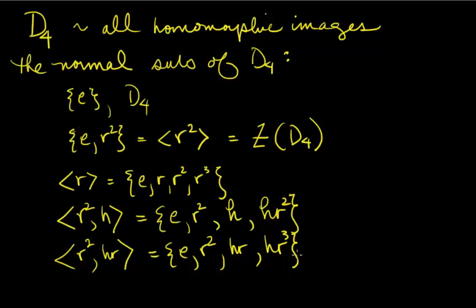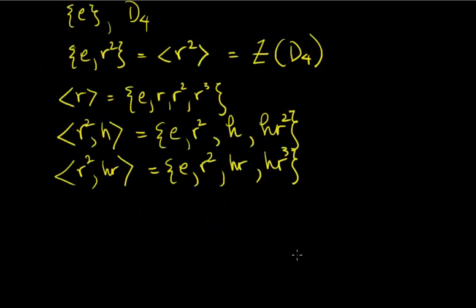And so the only homomorphic images, the only groups that you could make a homomorphism from D4 onto, are isomorphic to the factor groups of D4 using these normal subgroups. So let's look at the index of these subgroups.